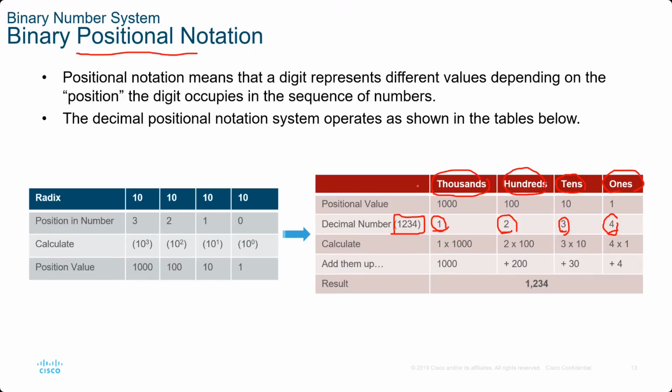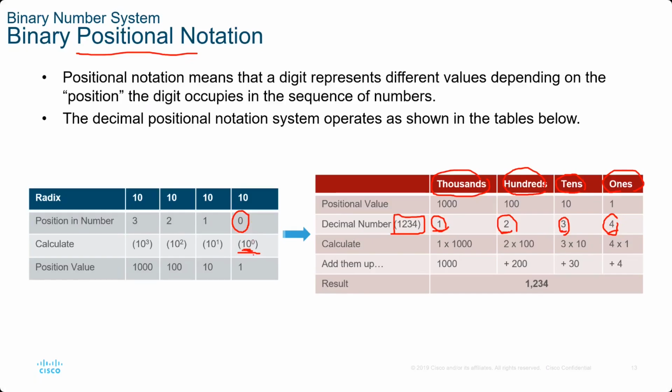But how did those values come out? That's because of the position. Because we are using decimal notation, our base is 10. In our conventional language we call it the first position, but in computers we call it the zeroth position. The zeroth position value comes from the base to the power of its position.